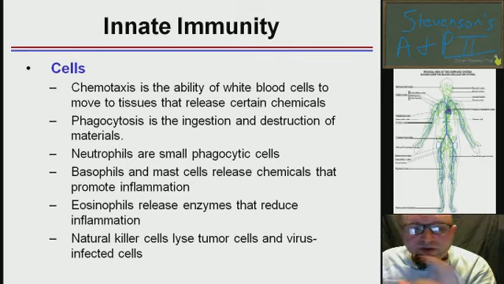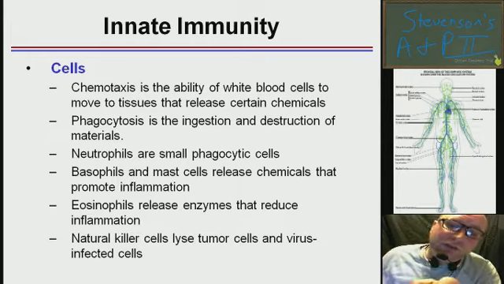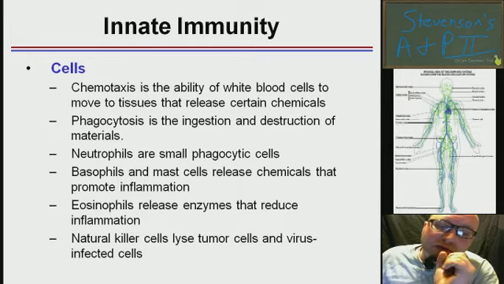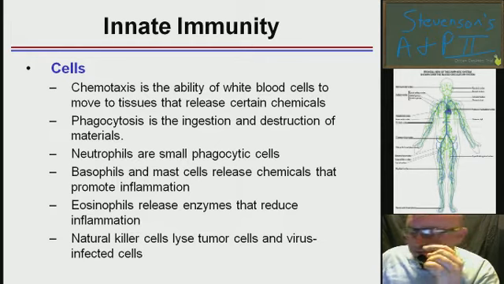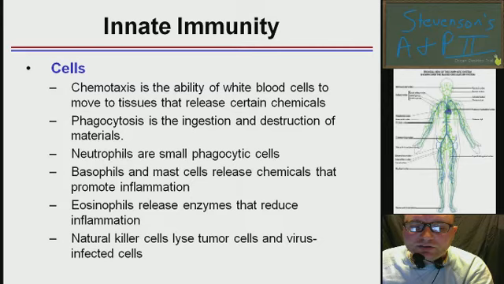And then you have basophils and mast cells that release chemicals that promote inflammation, eosinophils that release enzymes that reduce inflammation, and then your natural killer cells that release enzymes that lyse tumor cells and virus-infected cells. So they actually kill your cells containing tumors or virus-infected cells, natural killer cells.